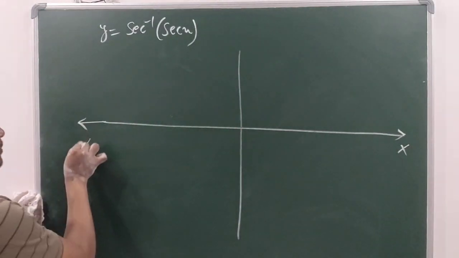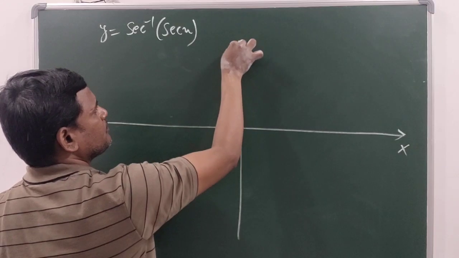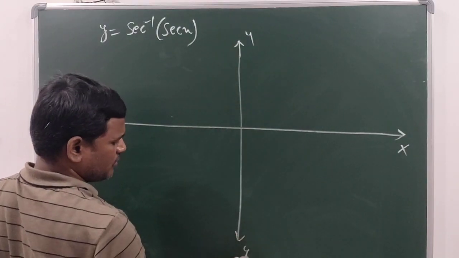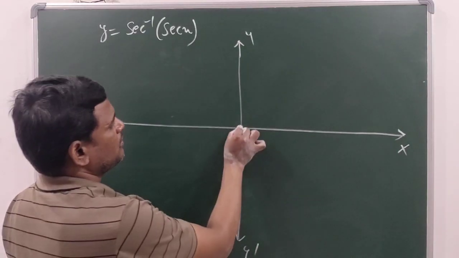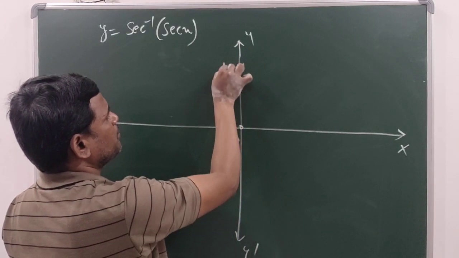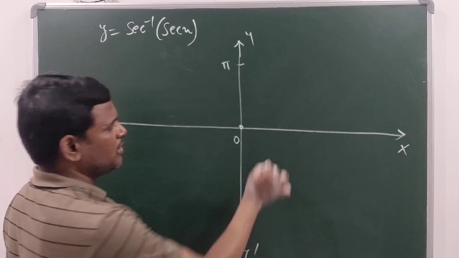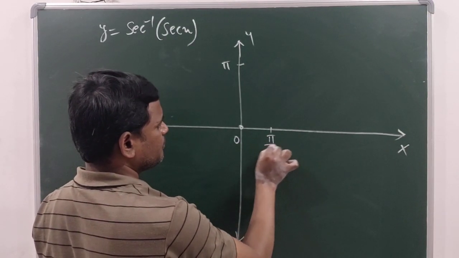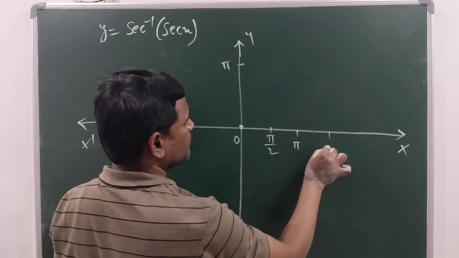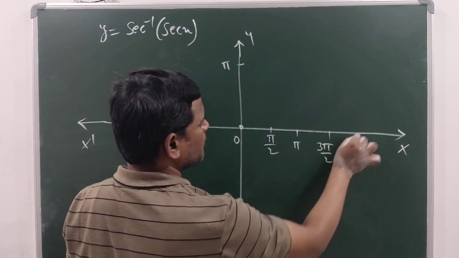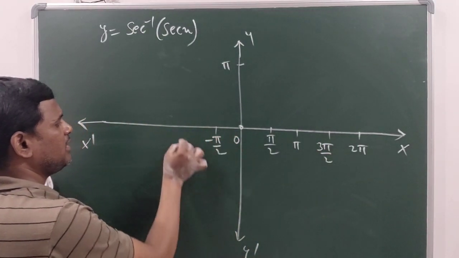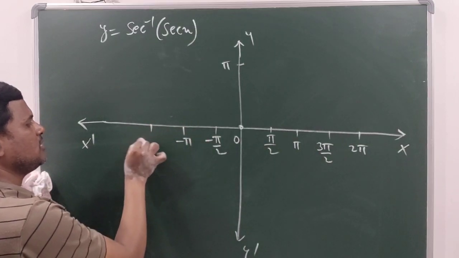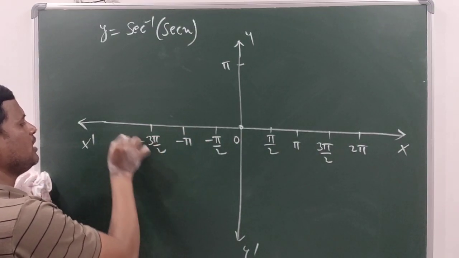X dash, y dash. Students, so 0, here it is pi, here it is 90, here it is pi, here it is 3 pi by 2, and here it is 2 pi, here it is minus 90, here it is minus pi, here it is minus 3 pi by 2, and so on.